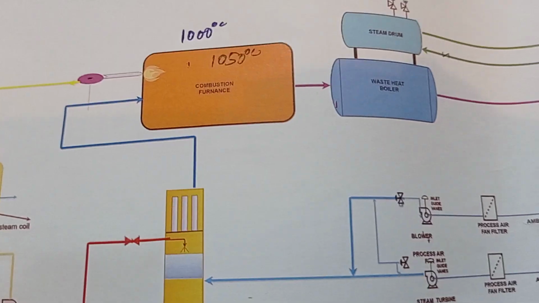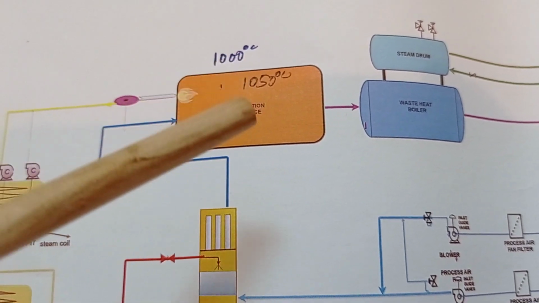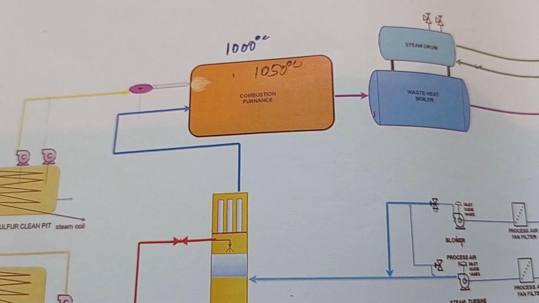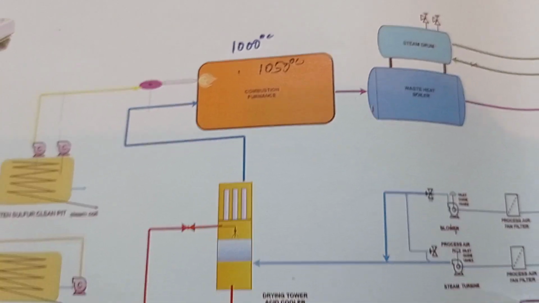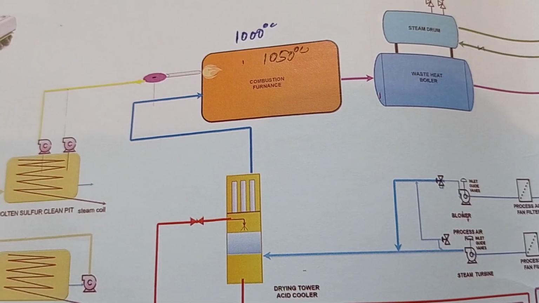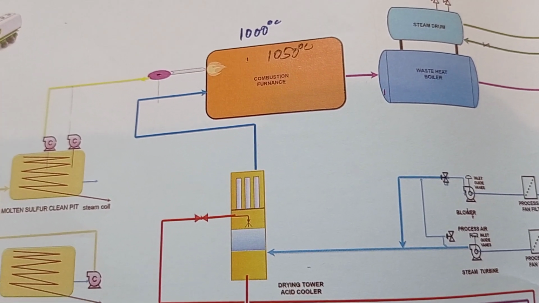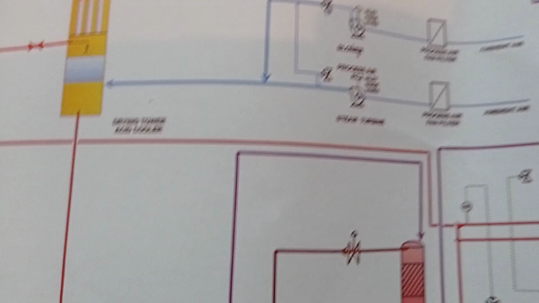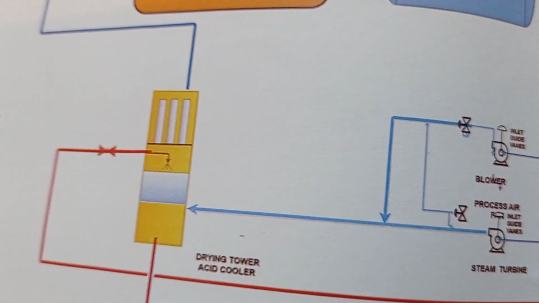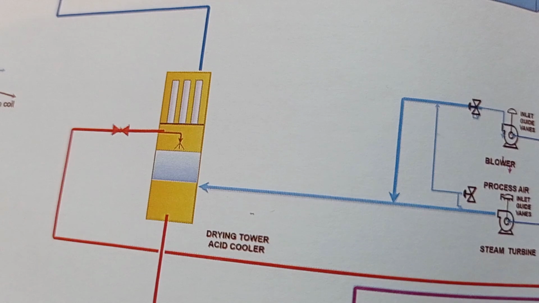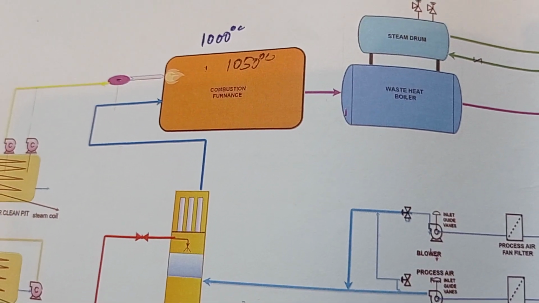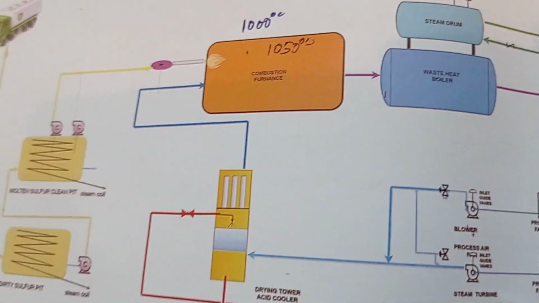And you know that the auto ignition temperature of sulfur is 444. It means that if the temperature is more than 444, we do not need any type of fuel to combust the sulfur. You know that for combustion to take place we need a fire triangle. The fire triangle is nothing but oxygen, fuel and heat.